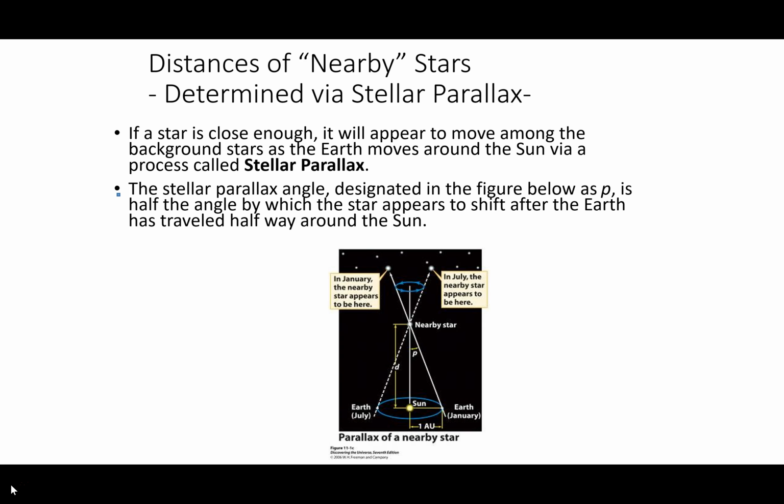These are the far away stars. They're locked in. But this guy right here, it appears here when we are in January, and it appears here when we are in July. So that will wiggle. That's like blinking your eyes, and it's moving against the background.